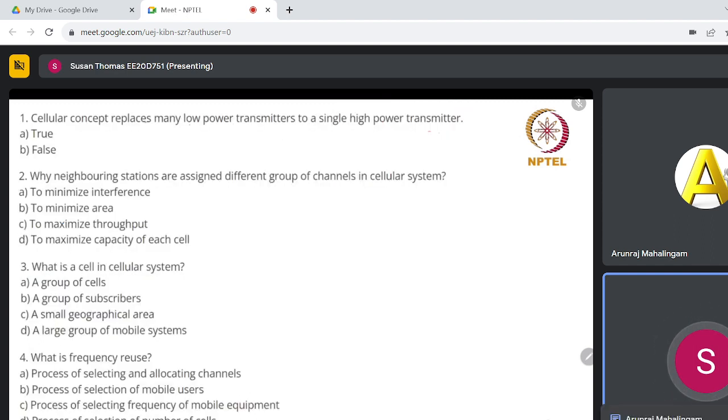Cellular concept replaces many low power transmitters to a single high power transmitter. So yes, that is a true statement. Instead of having a single high power transmitter, we have multiple low power transmitters with the concept of cellular communication. Now, going to the next question.